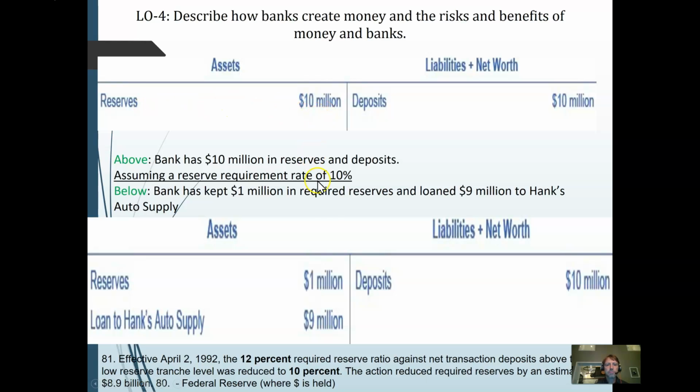But because of that 10% reserve requirement rate, the bank must always keep 1 million of the 10 million deposit in case members or customers come and want to withdraw money. But then they can loan out the rest, whatever the percentage above the reserve. In this example, it's 90%, and 90% of the 10 million is 9. So you still had 10 million in deposits, 1 million held in reserve, and $9 million that's an asset of a loan owned by, in this case, Hank's Auto Supply.